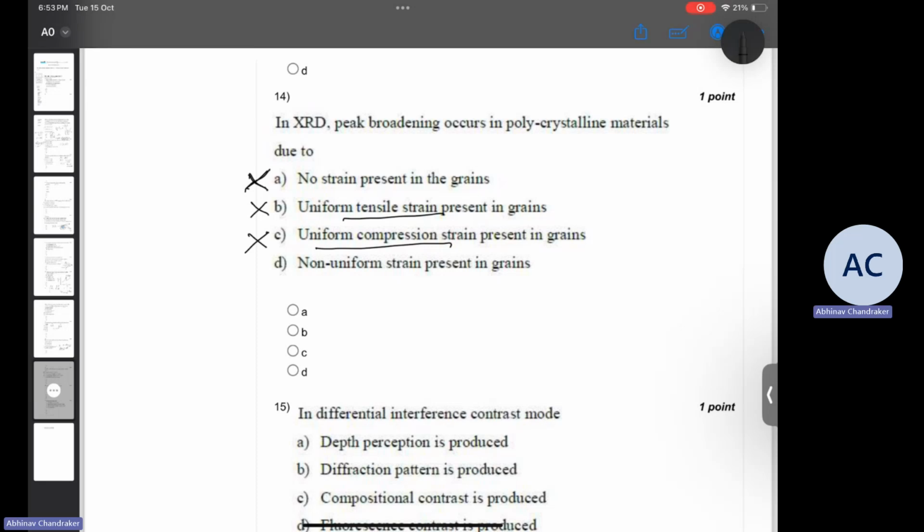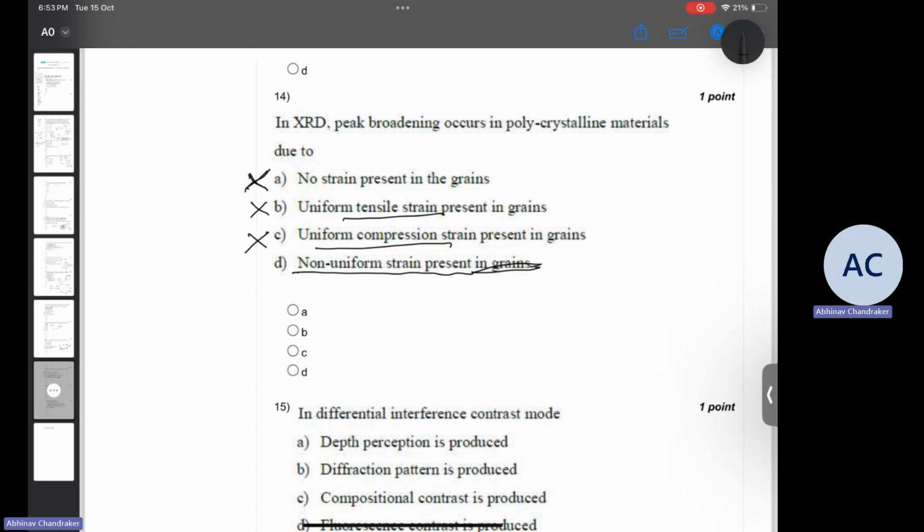If we have non-uniform strain present in grains, then at some portions locally we'll have a decrease in the interplanar spacing, and at some other portions we'll have an increase in the interplanar spacing, due to the non-uniform nature of the strain. As a result, the peaks will become broader.